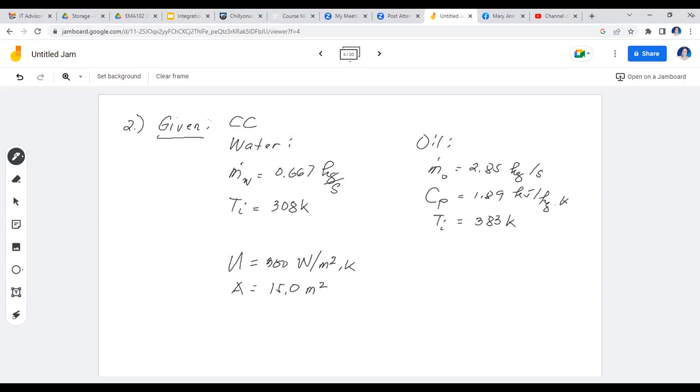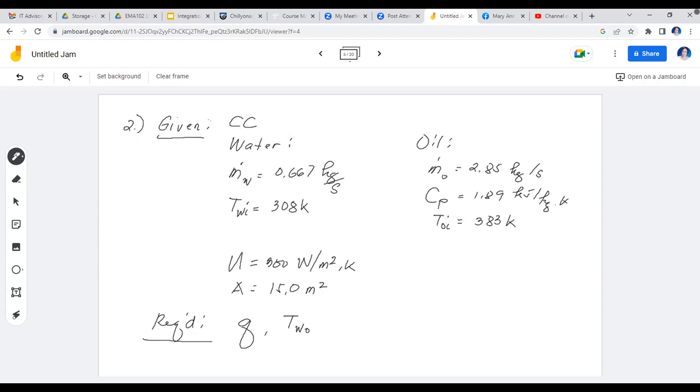Okay, so we are to determine, as the problem says, the heat transfer rate and the exit water temperature. So it's asking for the water outlet temperature. So I will place in here water inlet temperature. And for this one, oil inlet temperature.